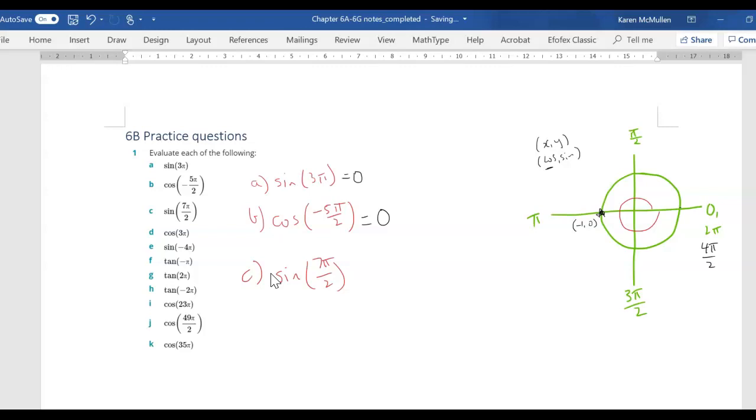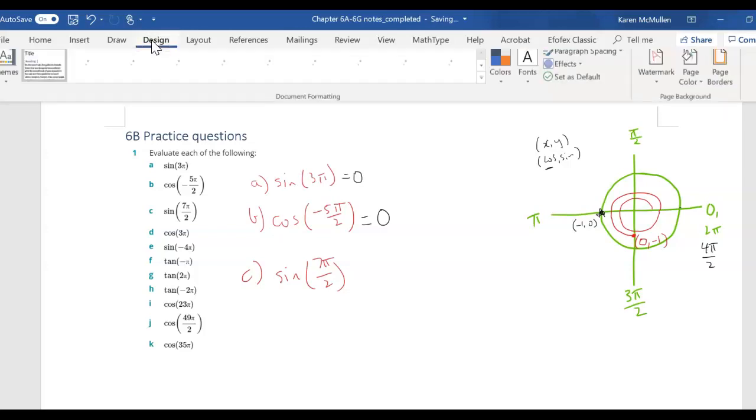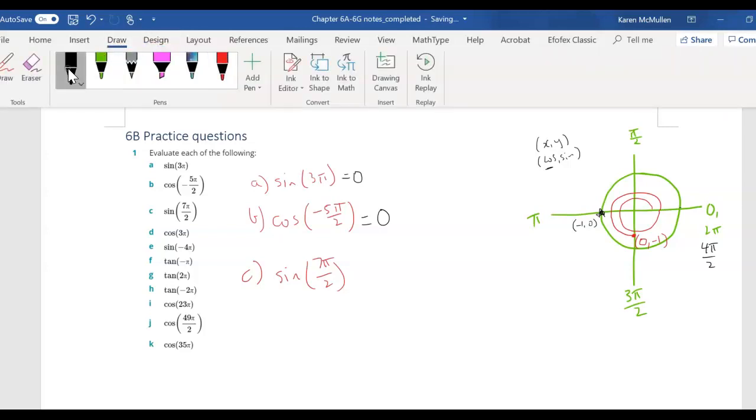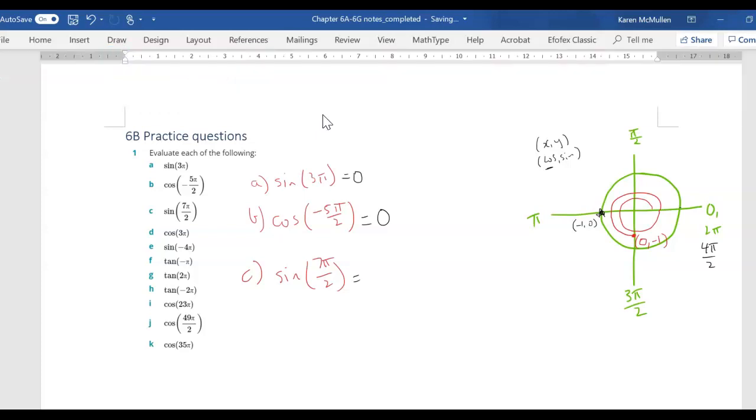And then we've got to go another 3 pi on 2. So we're going around and we're here. So at this point here, we are at 0, -1. We're doing sine. Okay, so sine is your y coordinate, so that's going to be -1.